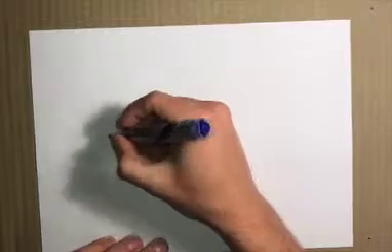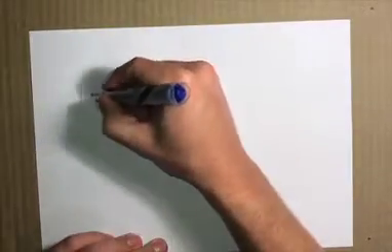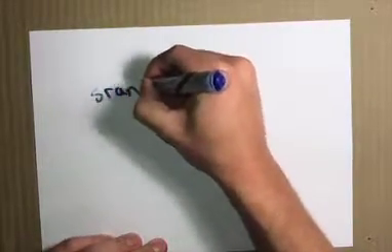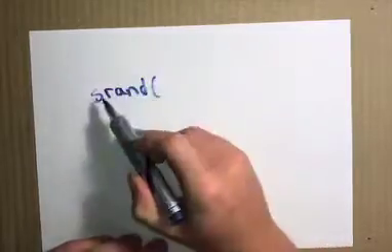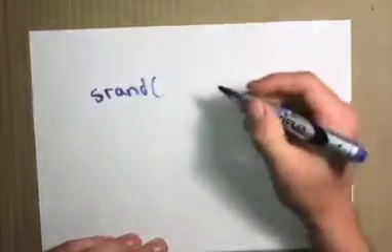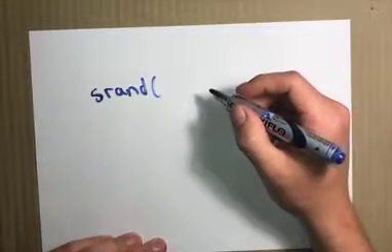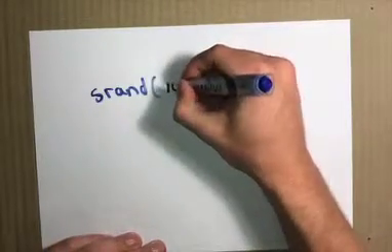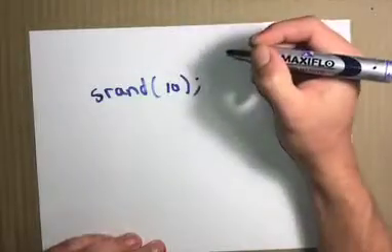A seed is a random value. We say srand, so we give the random function a seed value, let's say, for instance, the value of 10.